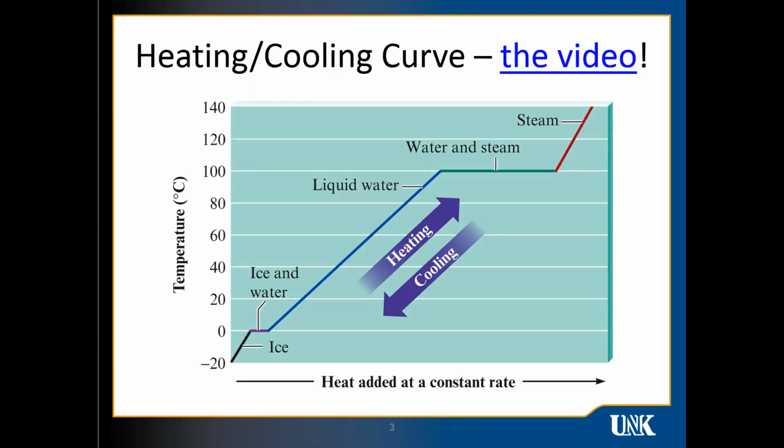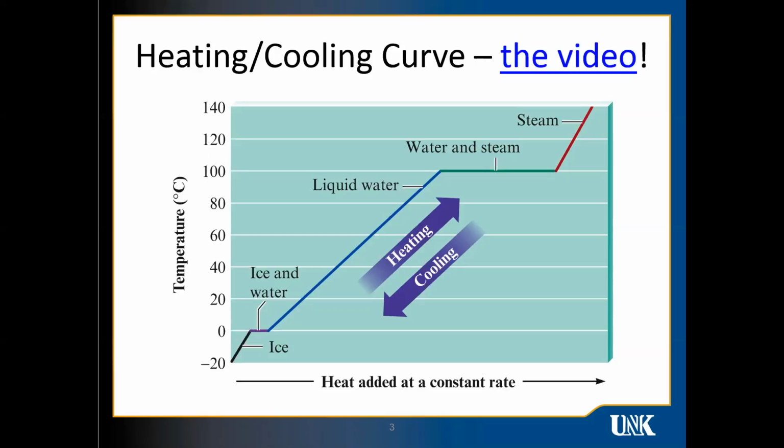The interesting thing that we find is that when we are in the phase transition region, so when a solid is melting or a liquid is boiling, you can add heat, but nothing happens with the temperature. There's actually energy associated with that phase transition.